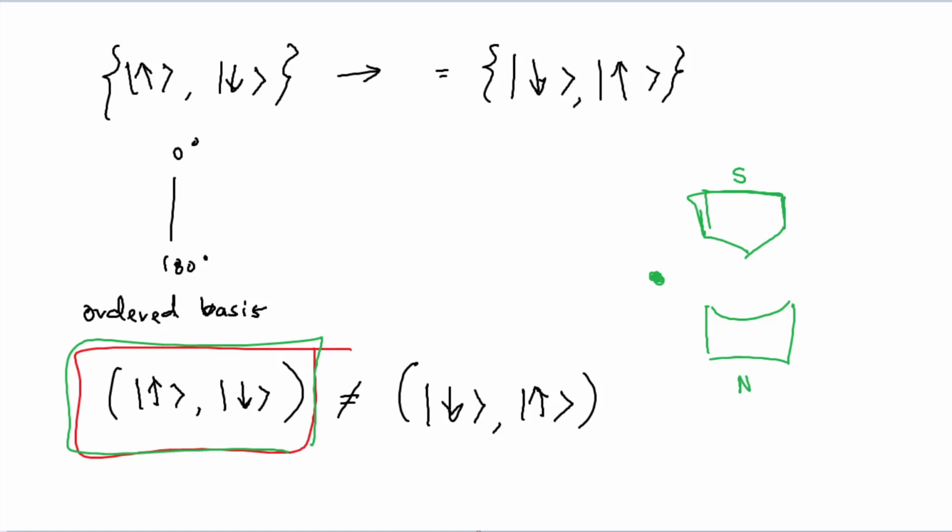And similarly, if we define this with spin down in the first place of your ordered bases, it implies that we are looking instead at an apparatus where south is on the bottom and north is on the top. So simply put, depending on precisely how we present these bases, the meaning implied will vary. So that is something to be aware of.